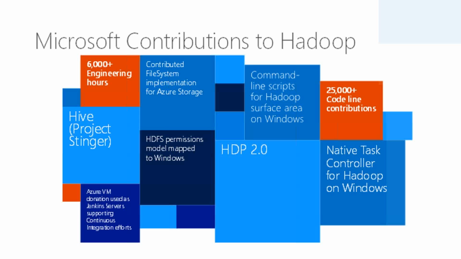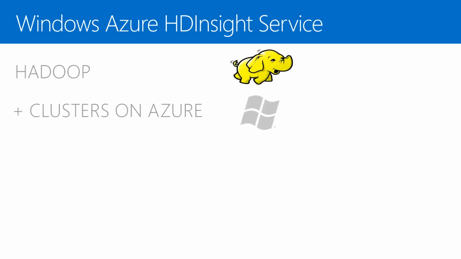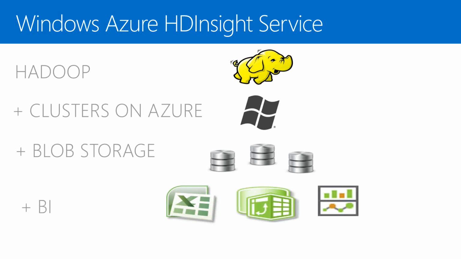Now, how has it been built? The Windows Azure HDInsight service is primarily your Hadoop, plus we have the entire Hadoop cluster on Azure, and the data that gets stored uses blob storage. Finally, we have our entire BI stack.